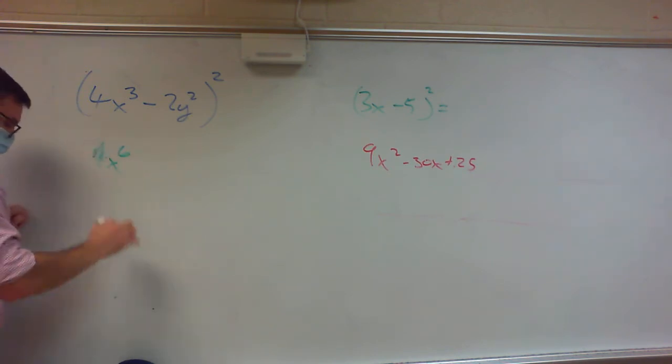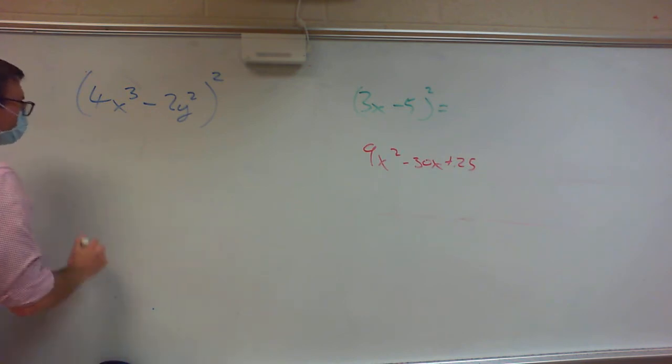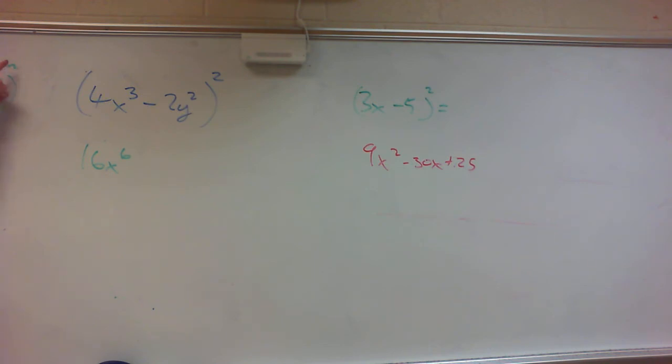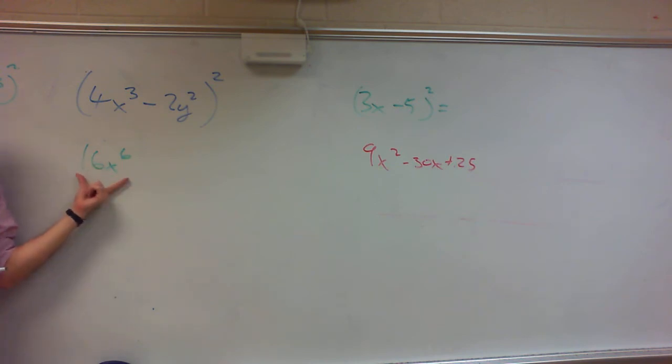See, what's going on in your head is 4x cubed squared, right? You square this, you get the 16, and with an exponent raised to an exponent, you multiply. All right? So our first term is 16x to the 6th.